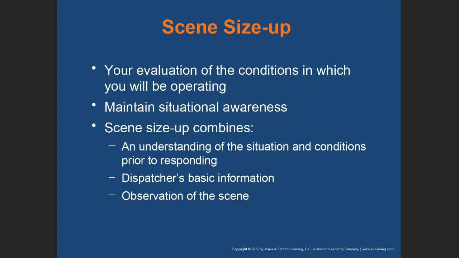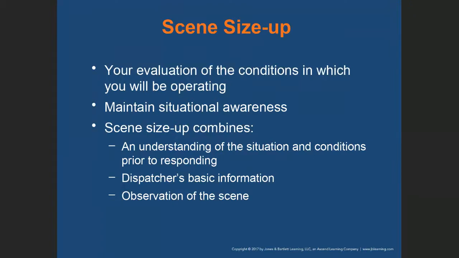Now, the first section of the patient assessment algorithm is scene size up. Within the scene size up, you have to check to ensure that the scene is safe. You have to take standard precautions for yourself and your partner. You need to consider the mechanism of injury or nature of illness.